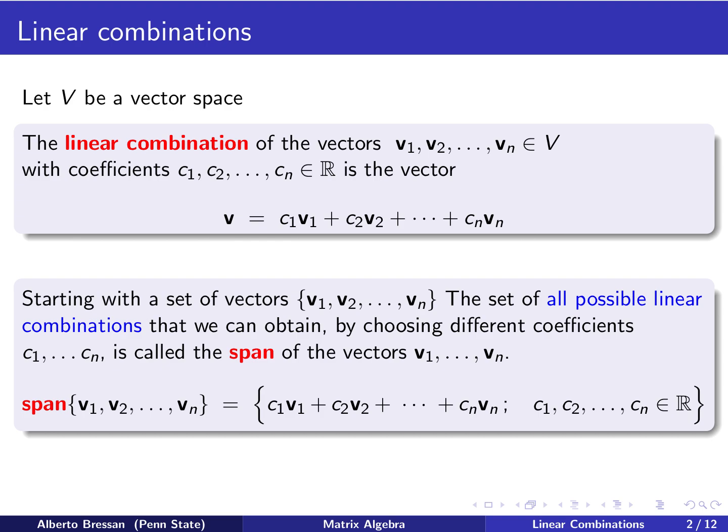Then that set of all possible linear combinations is called the span of the vectors v1 to vn. So here's a notation. We will write it like this: span of v1, v2, vn. What is it? Well, it is a set of these vectors c1 v1 plus c2 v2 plus cn vn, where the c1, c2 and cn's are just real numbers.